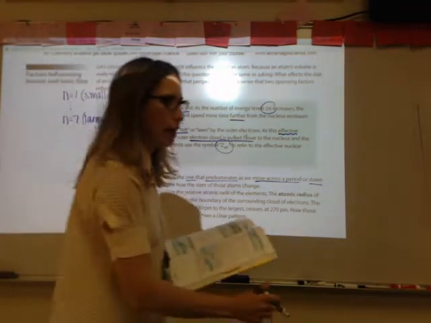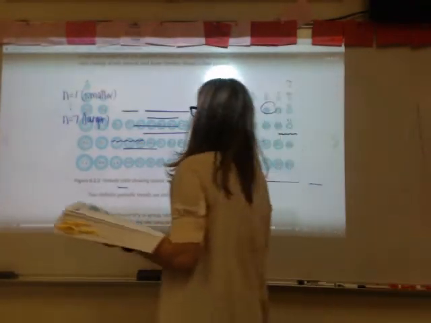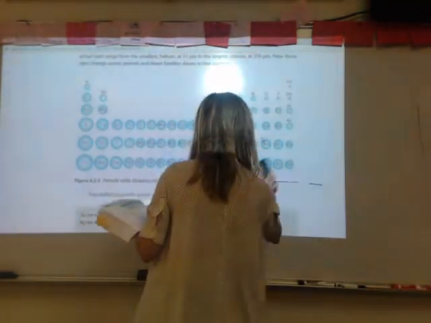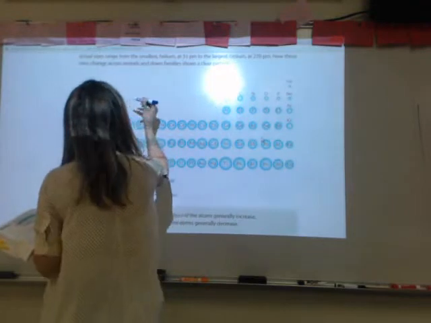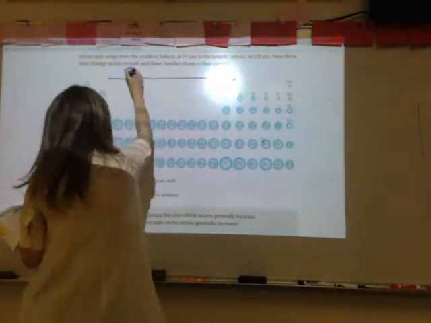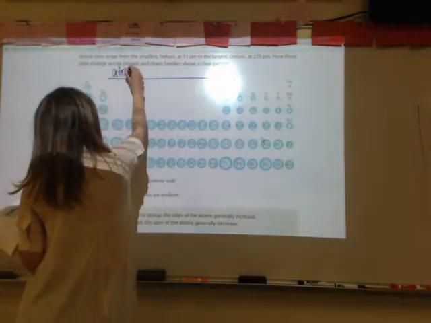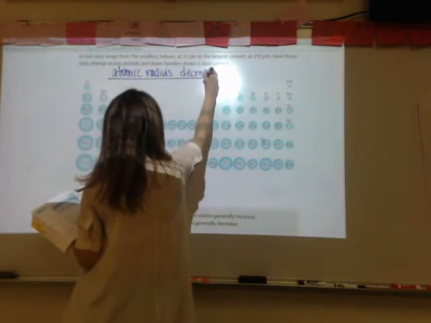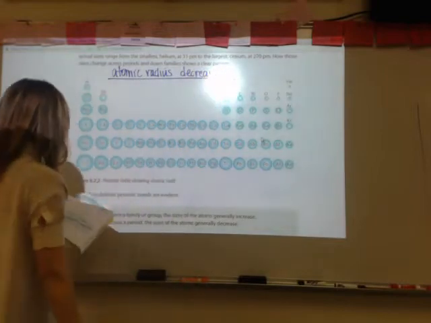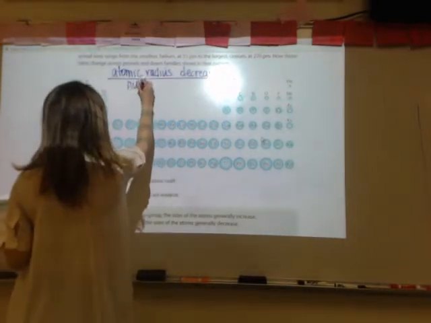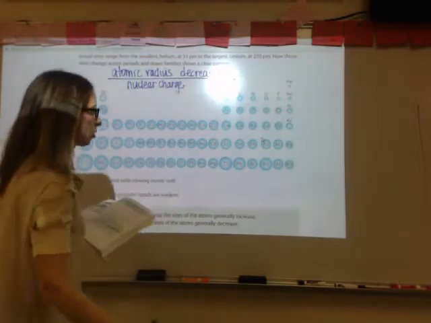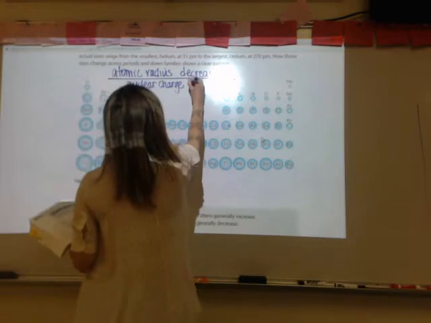If you take a look at this image here, they're showing you that as I move from left to right, you will notice the atomic radius decreases, okay? And that's decreasing because the nuclear charge experienced by the electrons in the outermost shell increases.